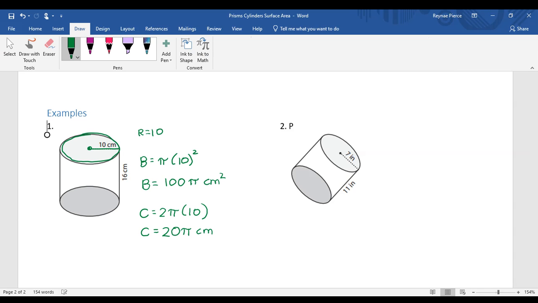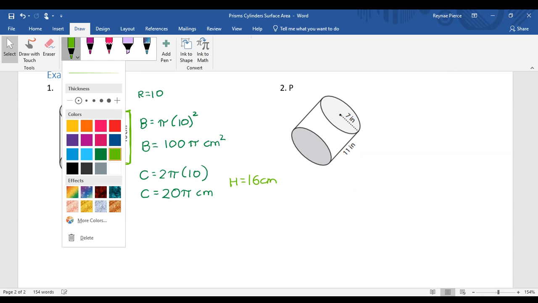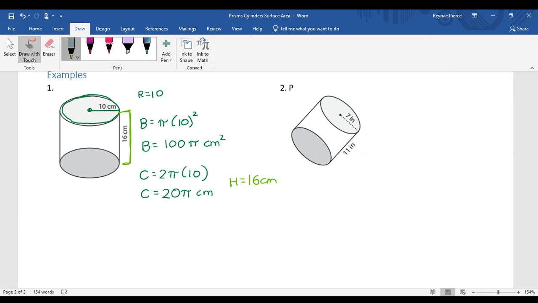Okay, and then how far apart are these circles? That's what I need to ask myself when I'm finding the height. Here it's 16 centimeters. Okay, so just like we did with prisms, we're going to use 2B instead of P. We're going to use CH because we have the circumference.